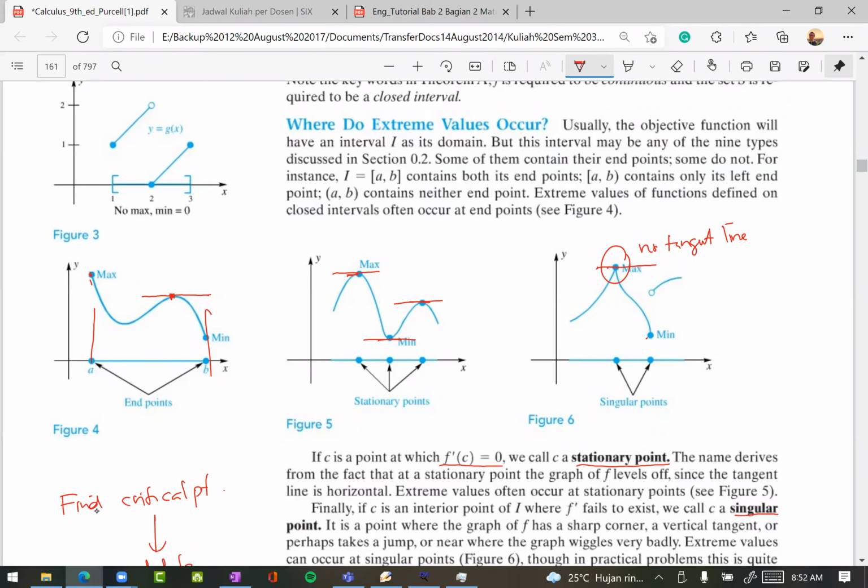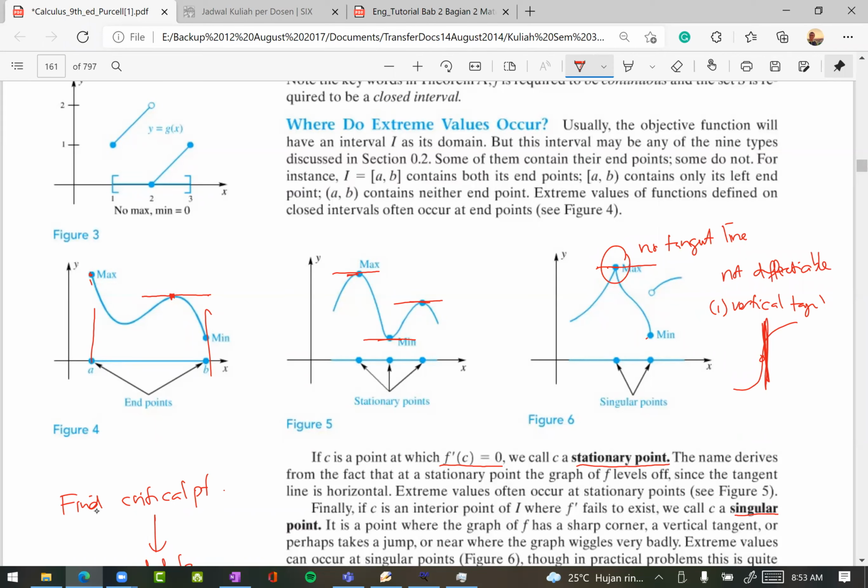And let's see what else. Or you have a vertical tangent. So not differentiable. The first case you can say is a vertical tangent. It looks like this one here. That's a vertical tangent. It's not differentiable.